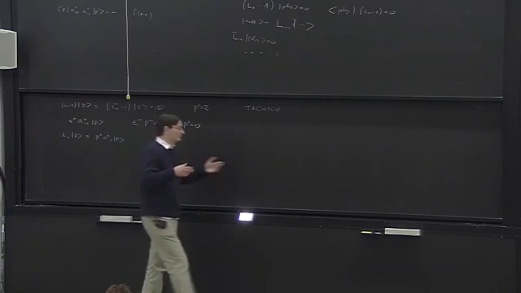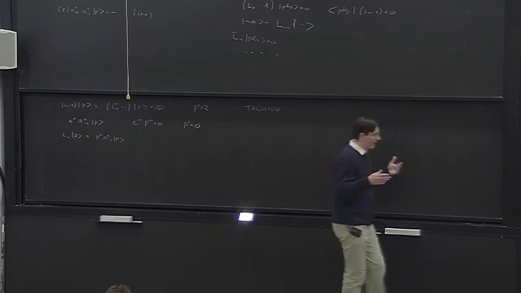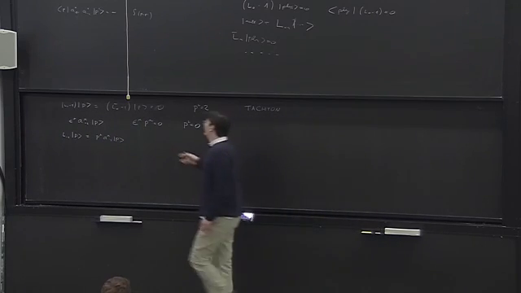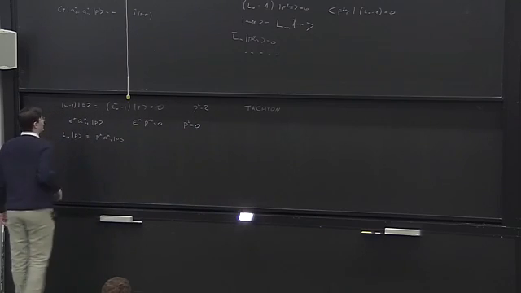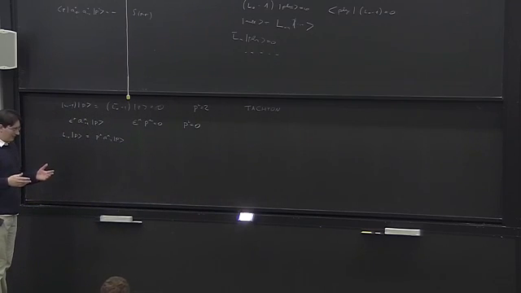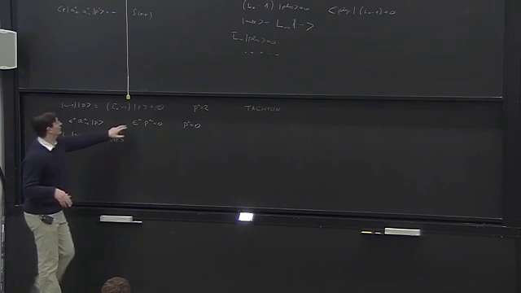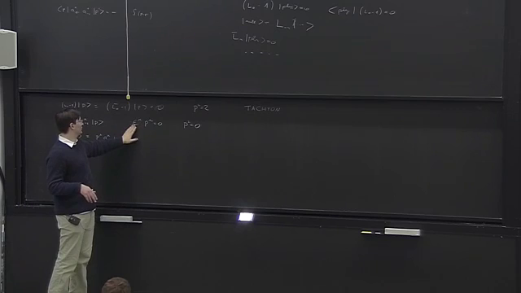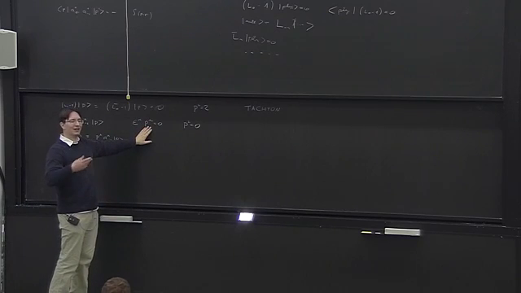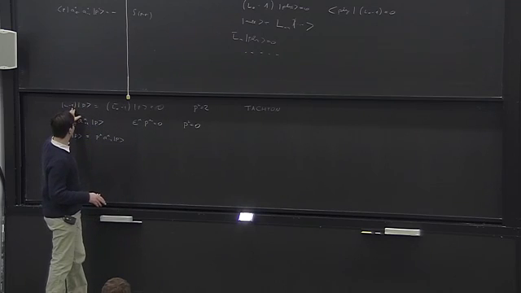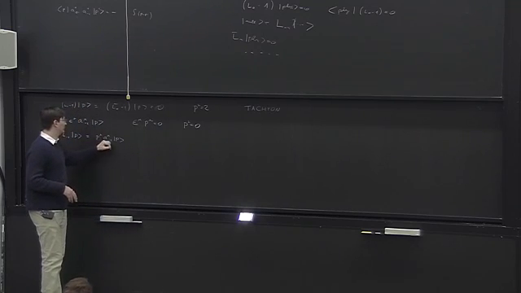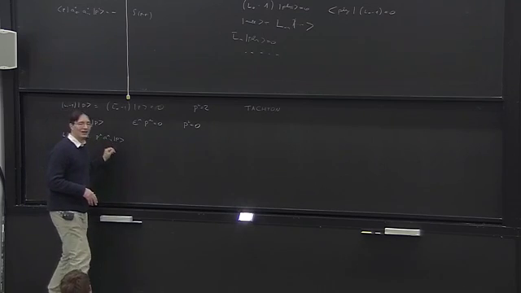So for generic values of this constant, you would get a physical state for every choice of epsilon perpendicular to your p. But because there is a minus 1 here, you actually lose one of those as a null state.